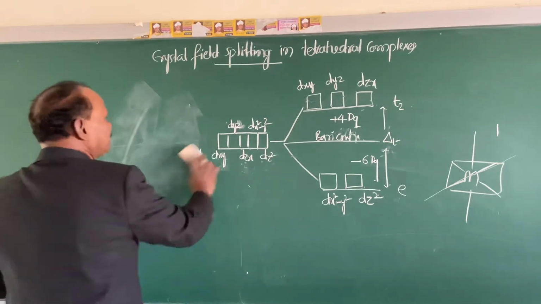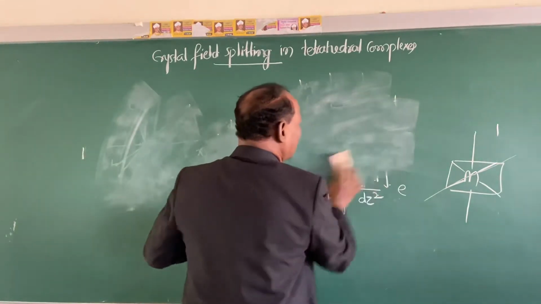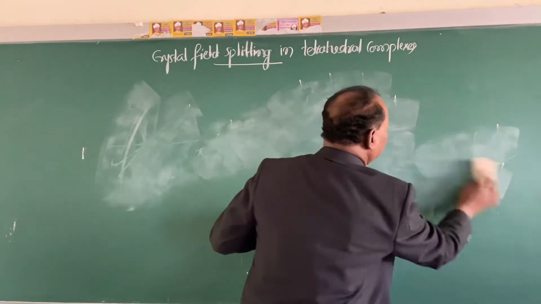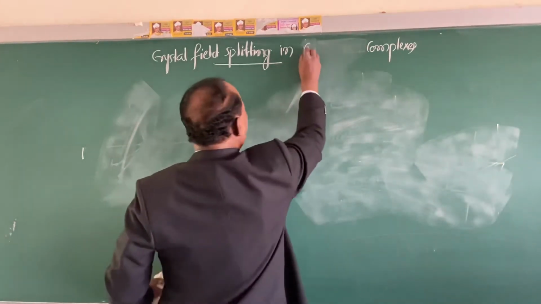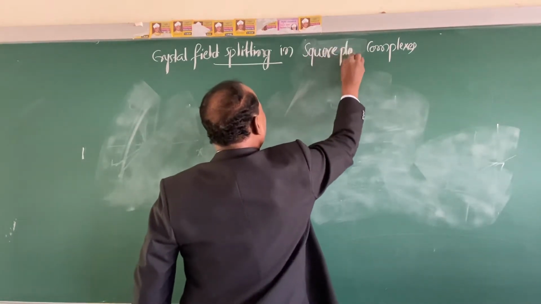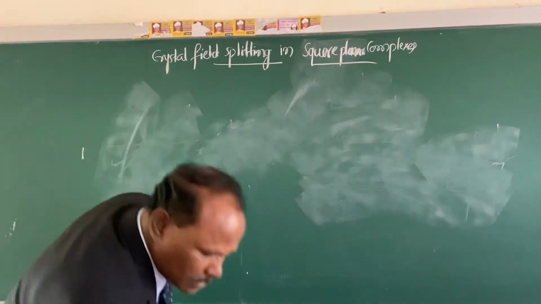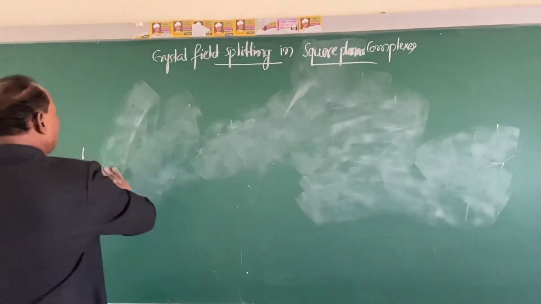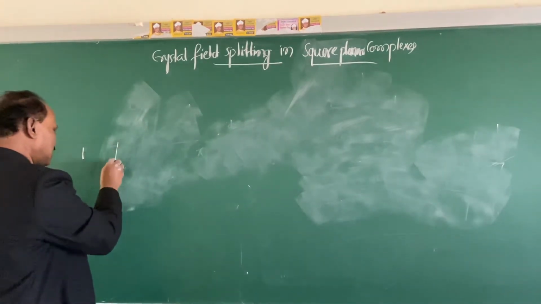Now we shall study the crystal field splitting in case of the square planar complexes. Crystal field splitting in case of square planar complexes. Right. I will write here the octahedral geometry.